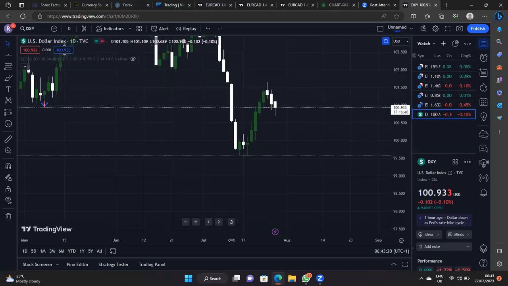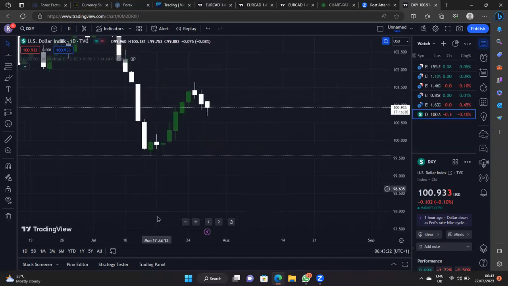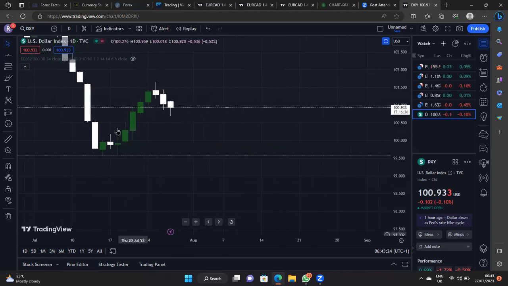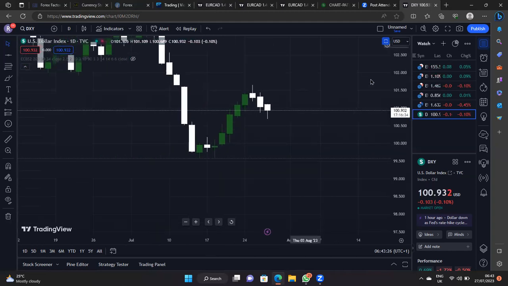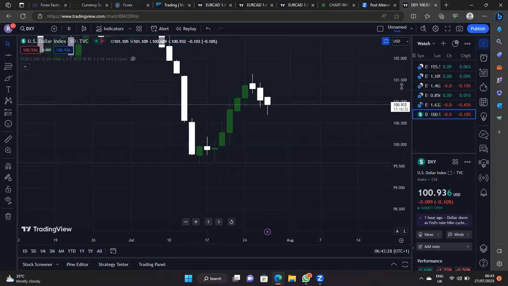Okay, so now we'll have this. You want to make sure that your chart is broad. One thing you want to understand is you are not charting the current candlestick. You are only charting the previous candlesticks.